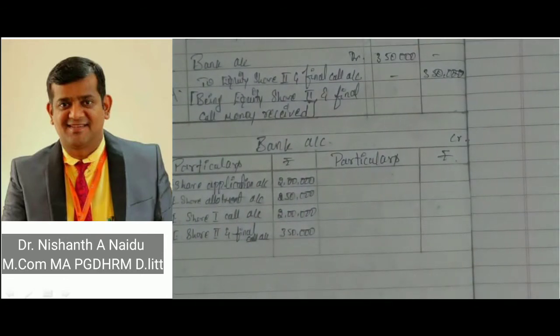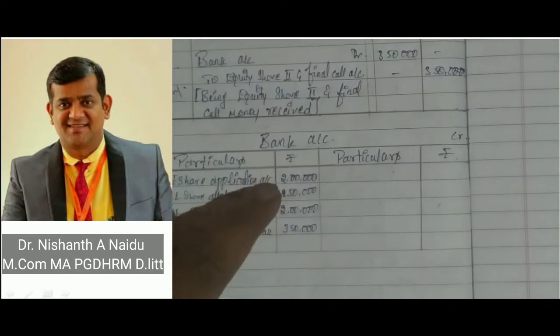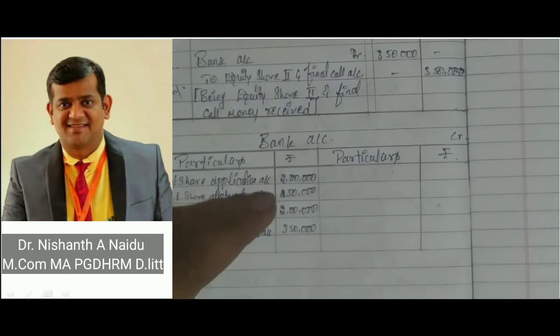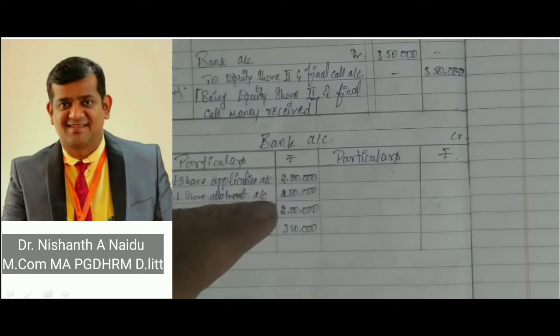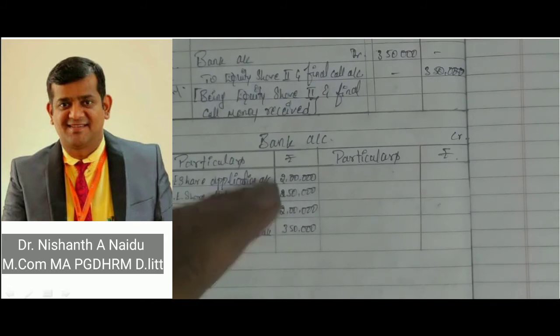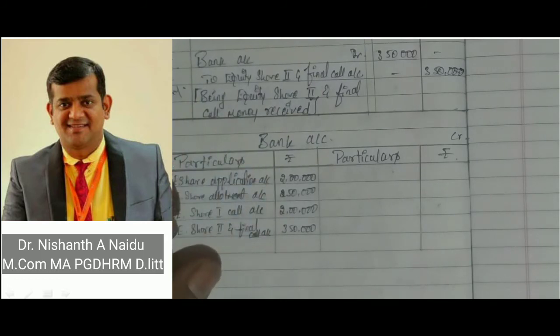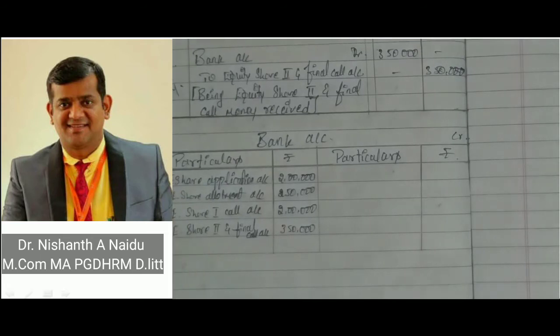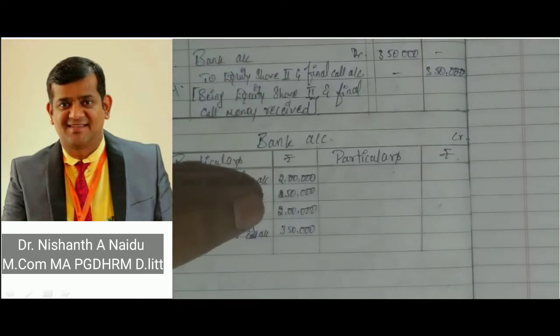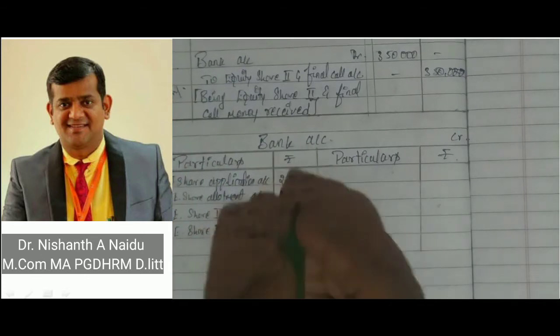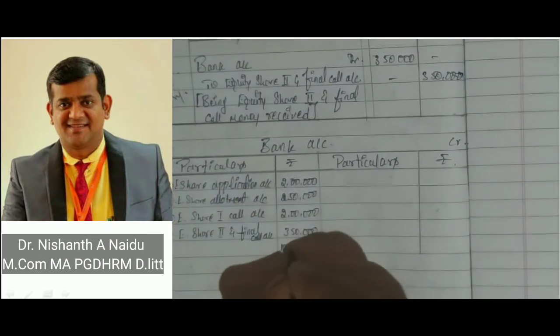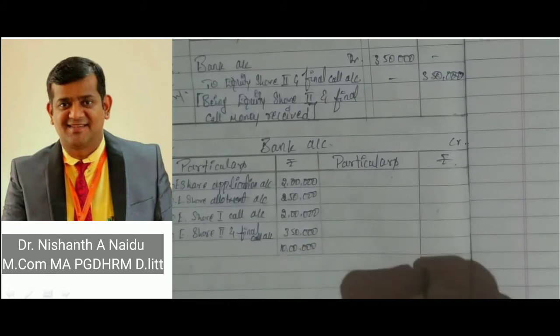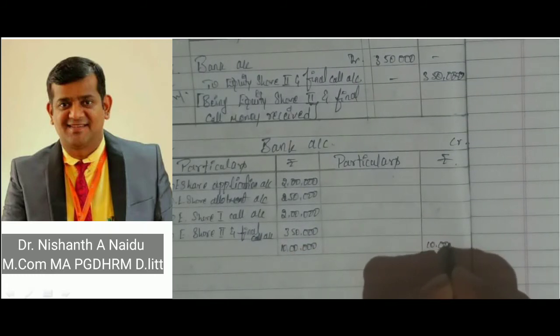So I'm writing 3,50,000. So now let us total it. 3,50,000, that is 2 lakh plus 2,50,000 plus 2 lakh plus 3,50,000. So that comes to 10 lakh: 4 lakh 50, 6 lakh 50, 7 lakh, 7 lakh plus 3 lakh, 10 lakh is the total, both the side, 10 lakh.